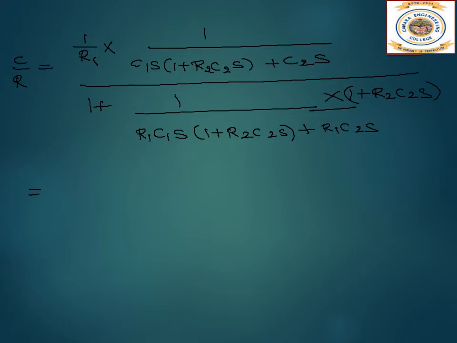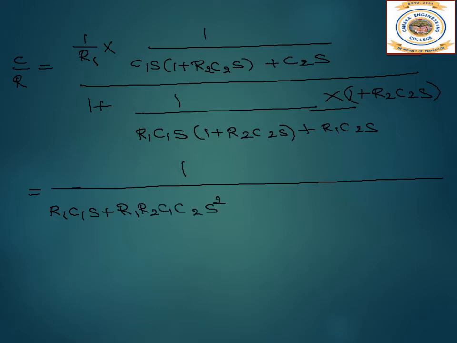So now taking the common denominator, I get the numerator as 1 only, divided by, so here you simplify it, you will get it. Here I'll open up the brackets: R1 C1S plus R1 R2 C1 C2 S square plus R1 C2S plus 1 plus R2 C2S. Just simply rearrange the terms.